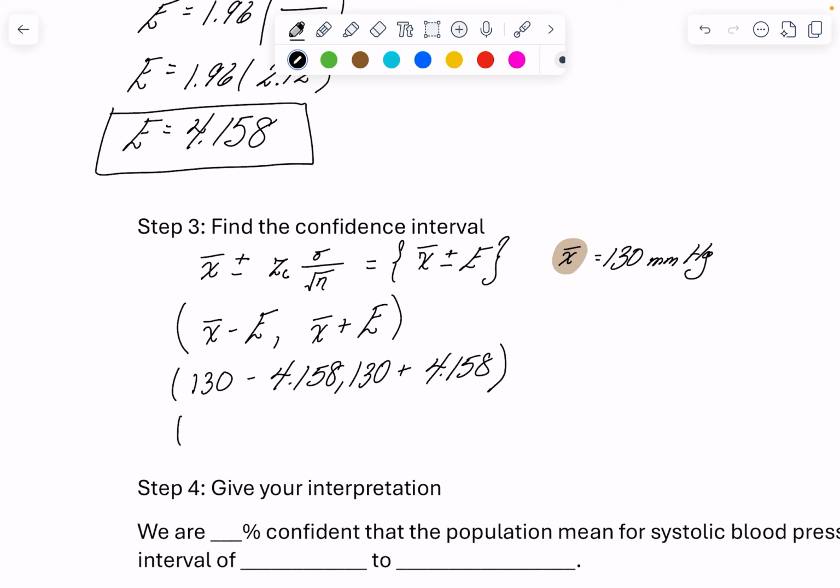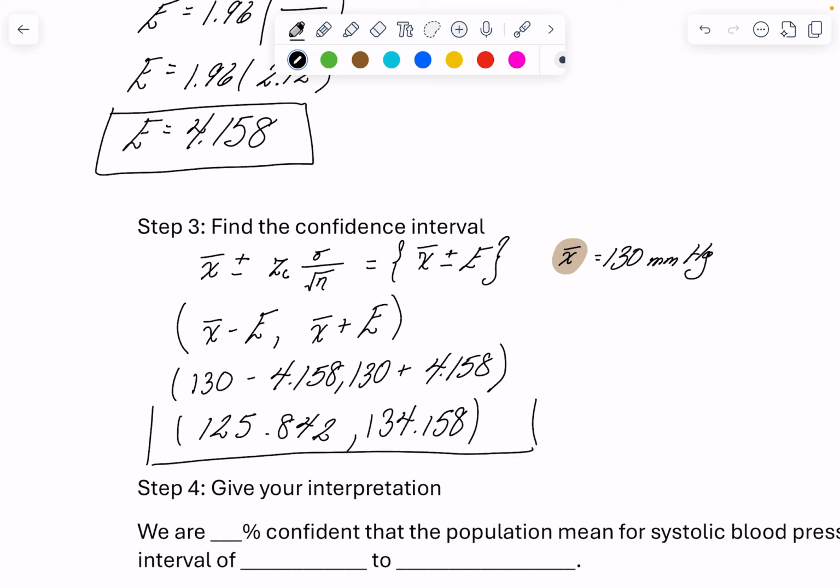This will give us a value of 134.158 for the added part. And for our lower boundary of our confidence interval, we're going to have 130 minus 4.158, which I'm going to use a calculator for, 125.842.